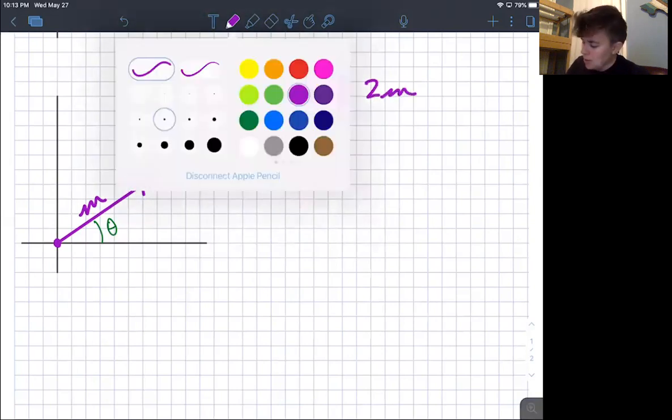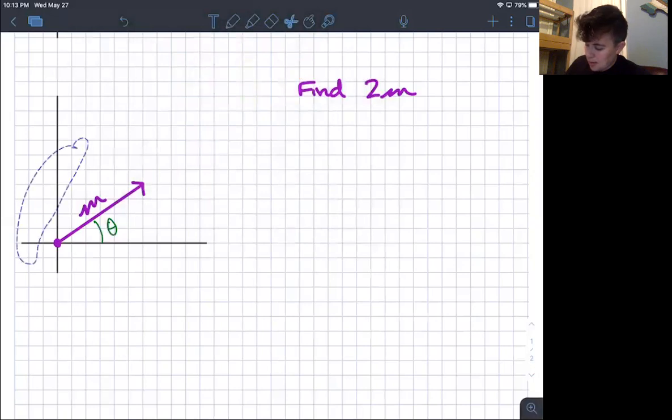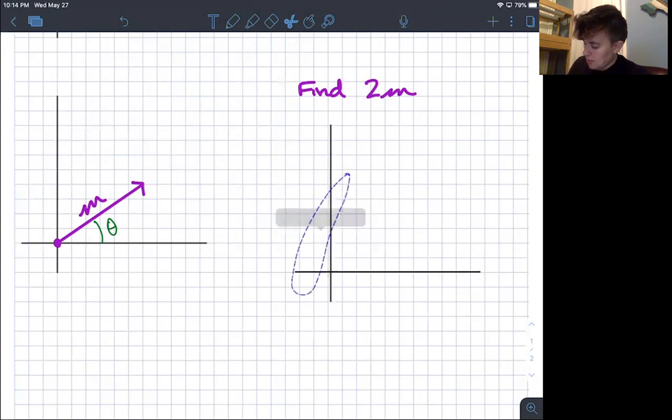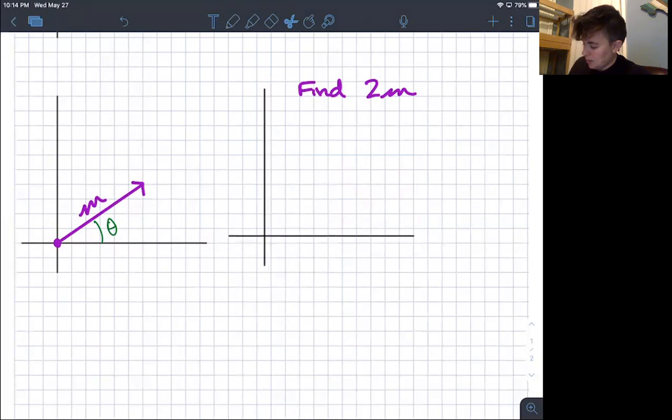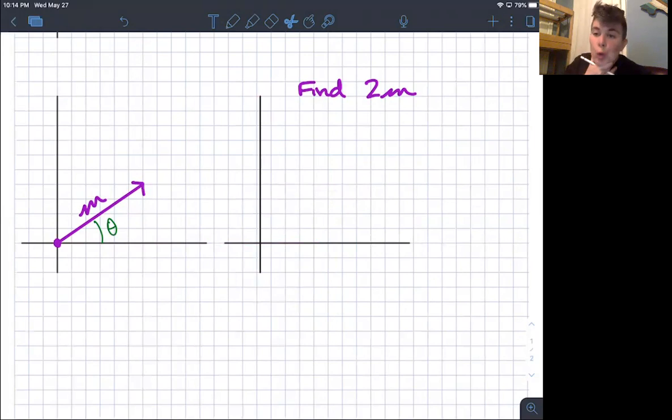Well, let's do this. I'm going to copy these axes right here and paste them over here. Oh my gosh, I'm having some difficulty with my iPad. All right, so when I want to find 2m, I'm just extending the length. I'm multiplying the length by 2, the magnitude times 2. The direction angle is going to stay exactly the same.